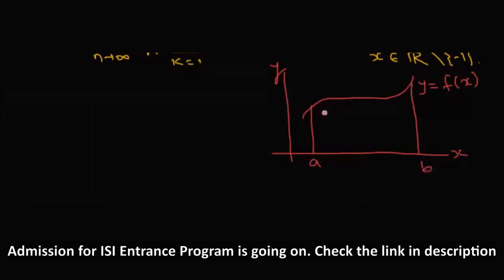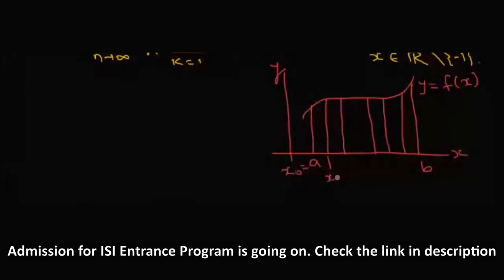Here we create some partition. We divide this region into several rectangles, I mean several subintervals, where a is equal to x0, then x1, x2, then xk minus 1, xk, xn minus 1, and this is equal to xn.